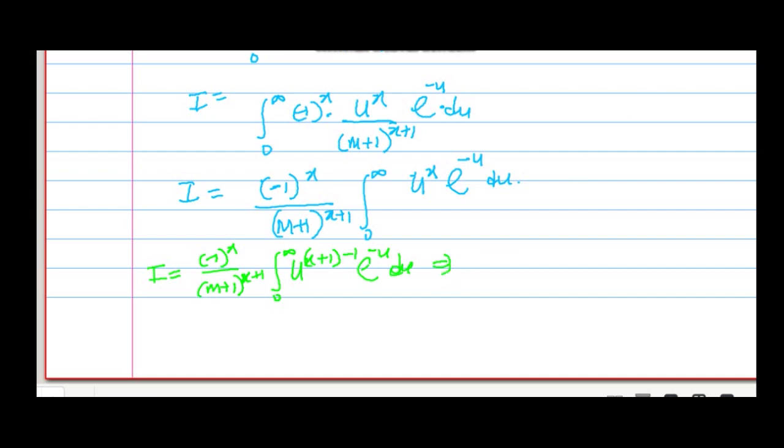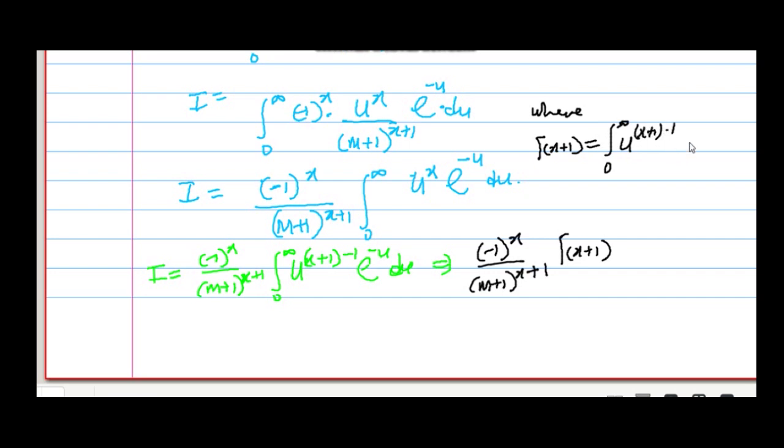If you observe this now, you discover that this is actually equal to minus 1 raised to the power of x divided by n plus 1 raised to the power of x plus 1 times gamma of x plus 1, where gamma of x plus 1 is equal to the integral from 0 to infinity of u raised to the power of x plus 1 minus 1 exponential minus u du.